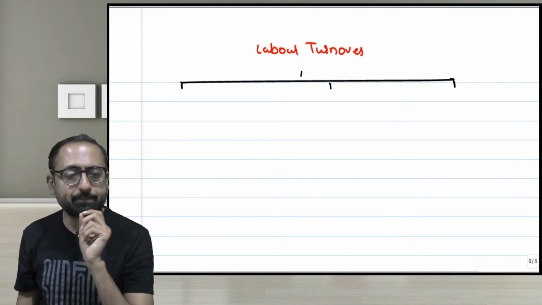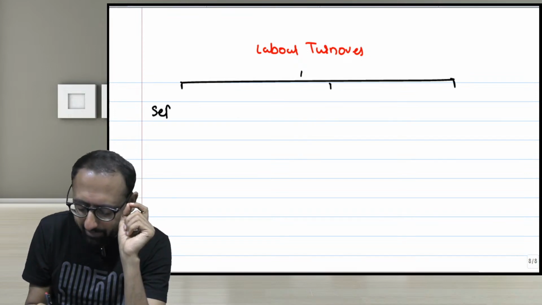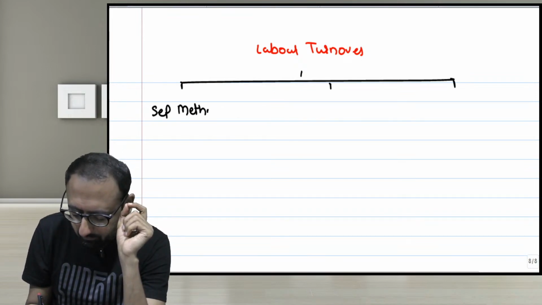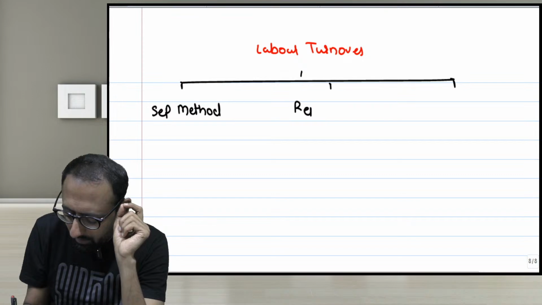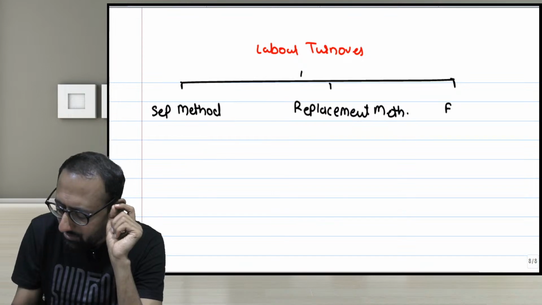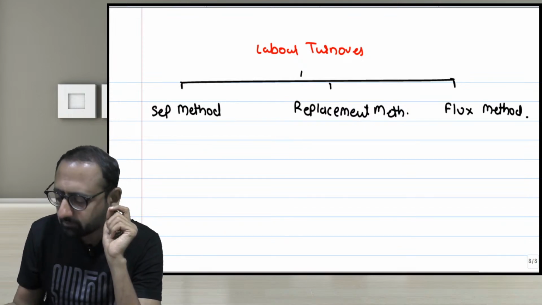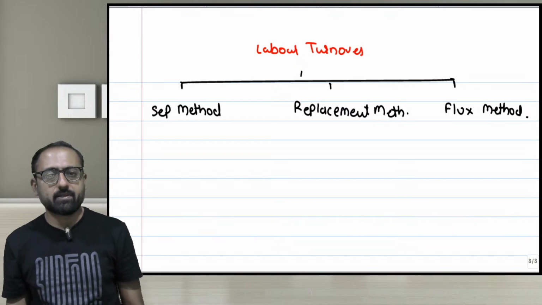First one is very simple, and that is separation method. Then replacement method. And the last one is flux method.